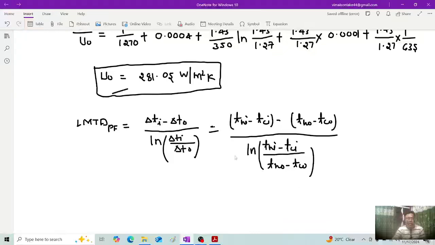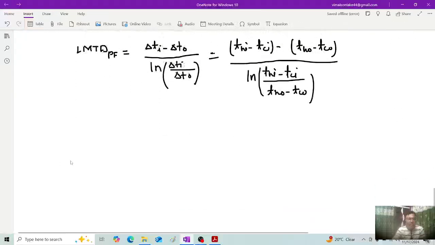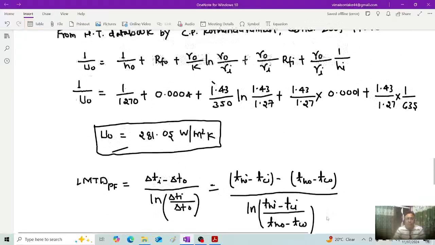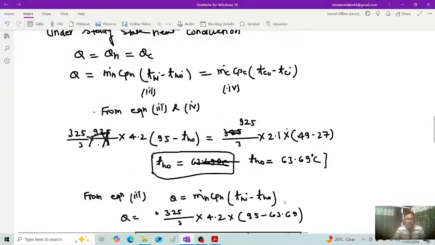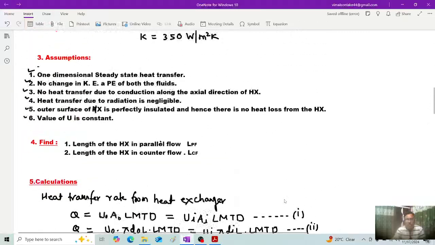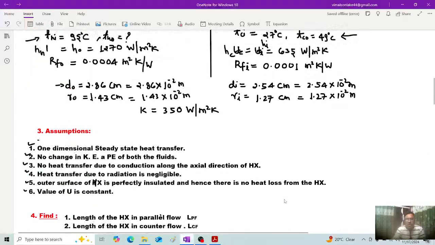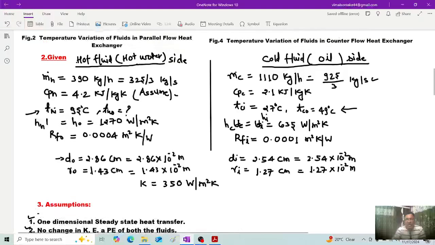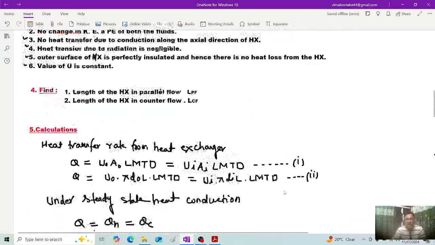Let us plug all the values of temperatures. So Thi is 95, Tho is 63.69, and Tci is 27, Tco is 49.